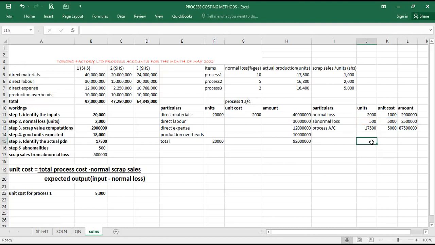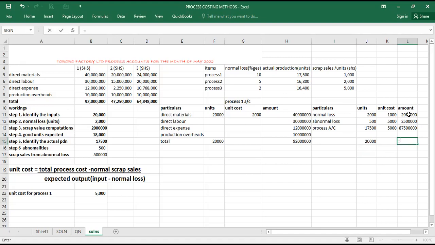When you add up these units, they must be equating to these ones. If they are not equating, then just know you've made a mistake. We sum them, and they become our 20,000 units, but this one we just leave empty. We just sum this side.